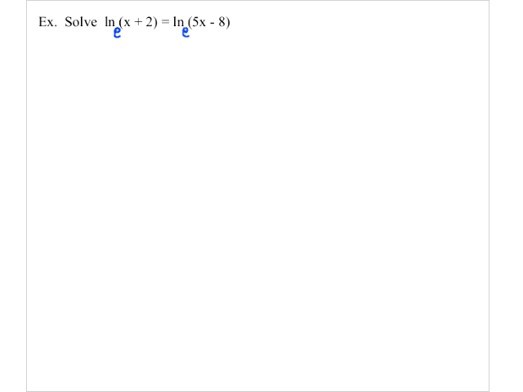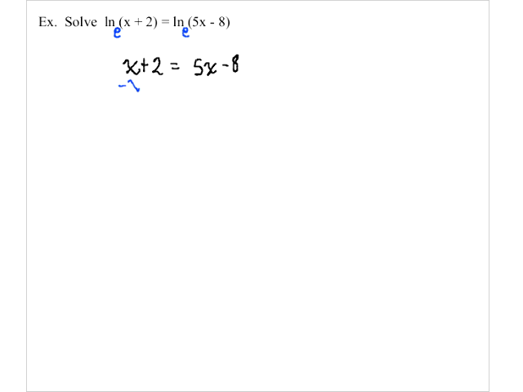So we can pretty much just drop the log, and that would leave us x plus 2 equals 5x minus 8. And you can only do that when you have one log on each side and they have the same base. And now we're totally done with logs. This is a linear equation.